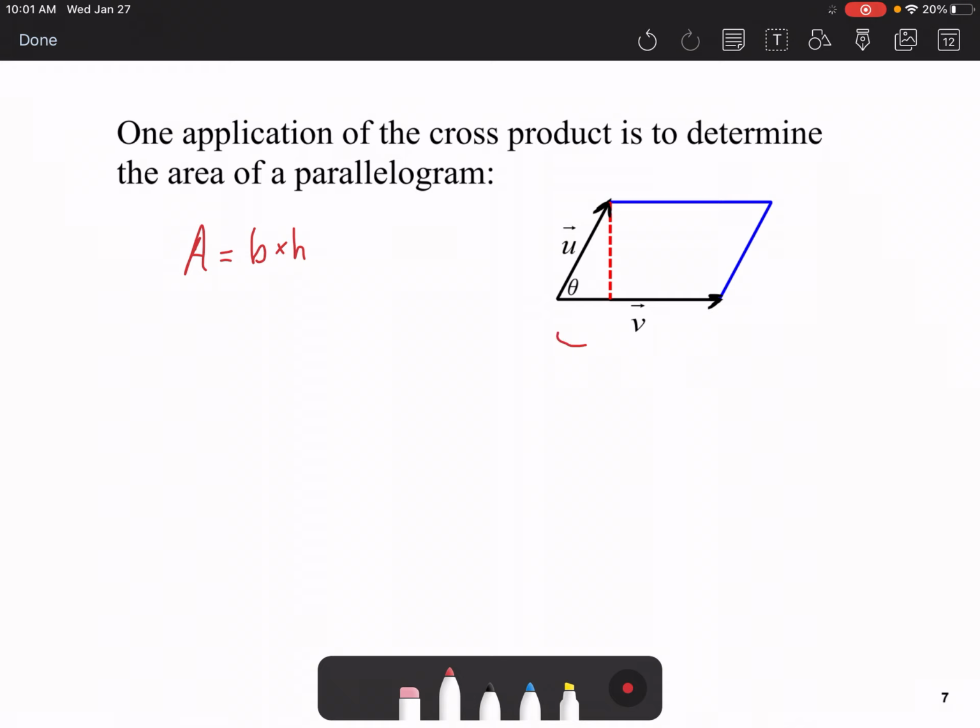In this case, the base just turns out to be the magnitude of v. The height in this case is the magnitude of u times sine theta.